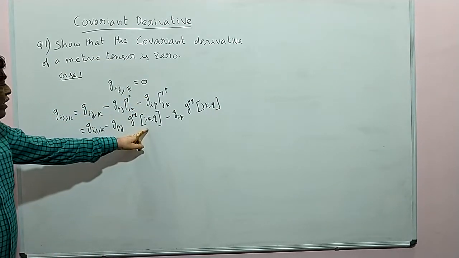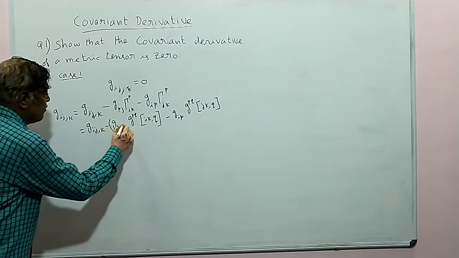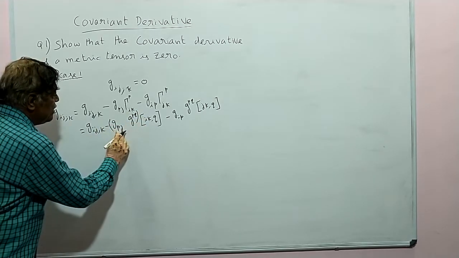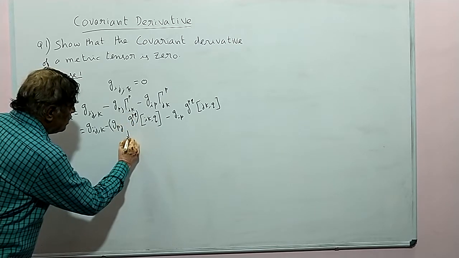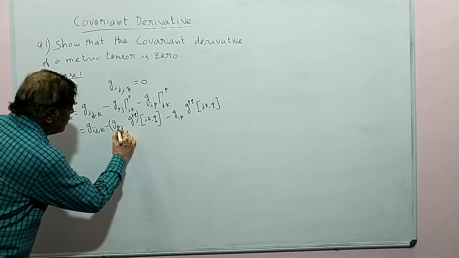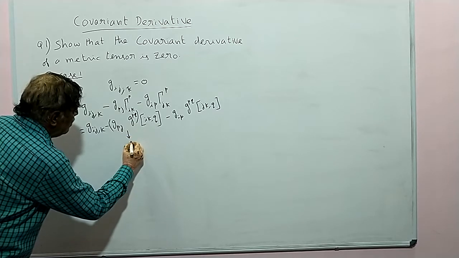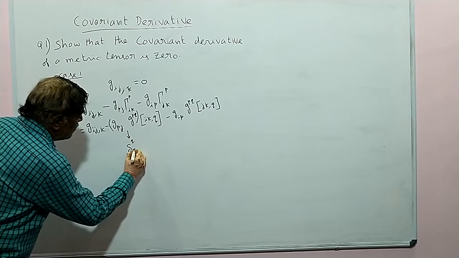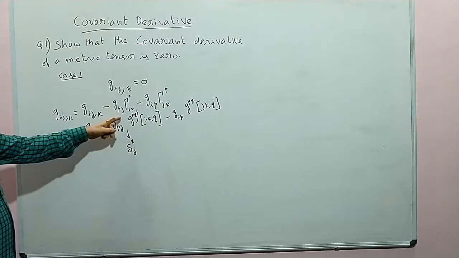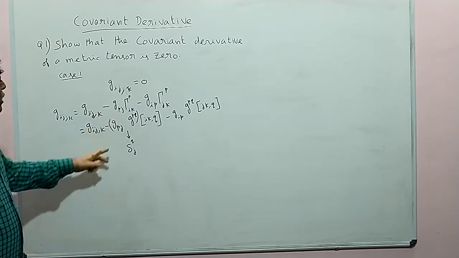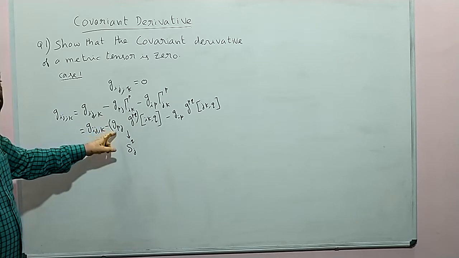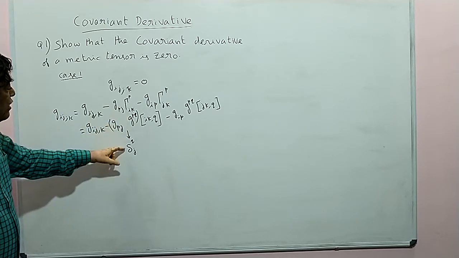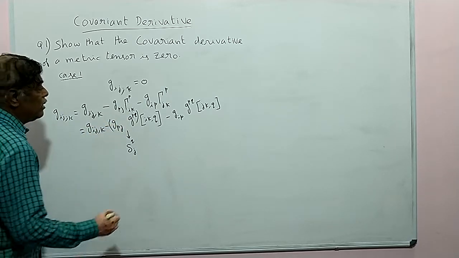Now, let us evaluate. What is g_pj g^pq? This is a Kronecker delta. We have already shown that the inner product of the covariant metric tensor and the contravariant metric tensor is a Kronecker delta.